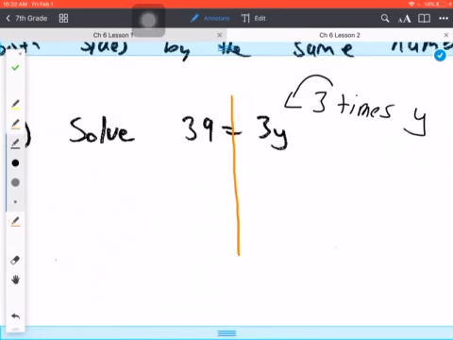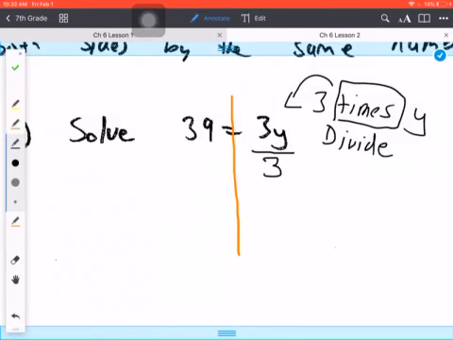So in order to undo this times right here, this multiplication, I need to divide. In order to do that, this is how I show it. I'm going to make it look almost like a fraction, where 3y is in the numerator, 3 is in the denominator, and this simplifies to just y.